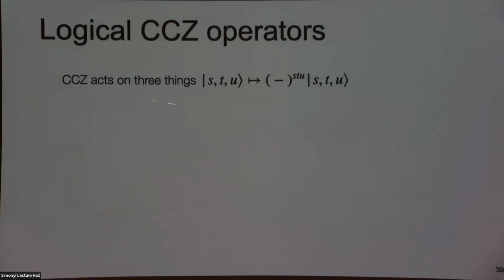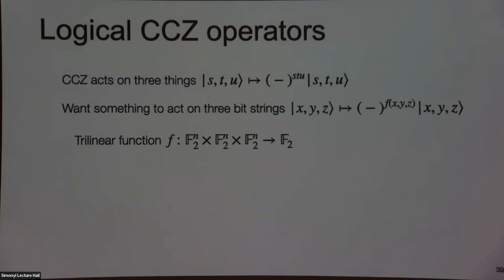Okay, and now we are ready to talk about the logical CZ operation. Again, CZ acts on three things and just changes the phase. Now we want it to act on bit strings, so we want to map xyz into xyz, but with a phase. And the phase is determined by some function, in this case a trilinear function f. You can think of these three things as living on three quantum codes.